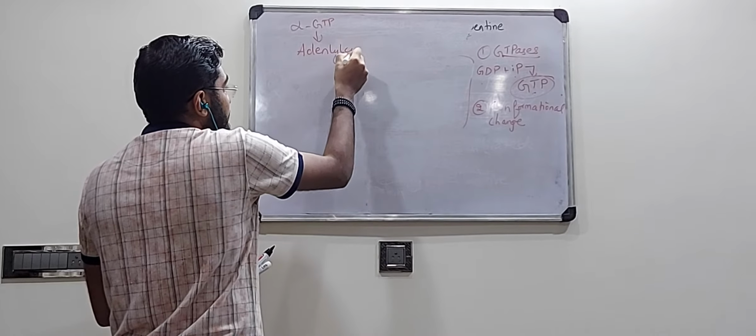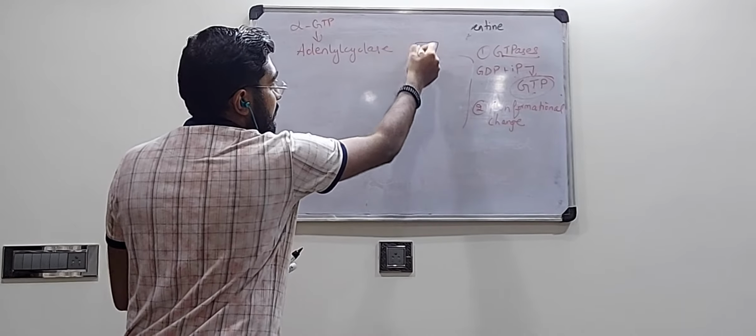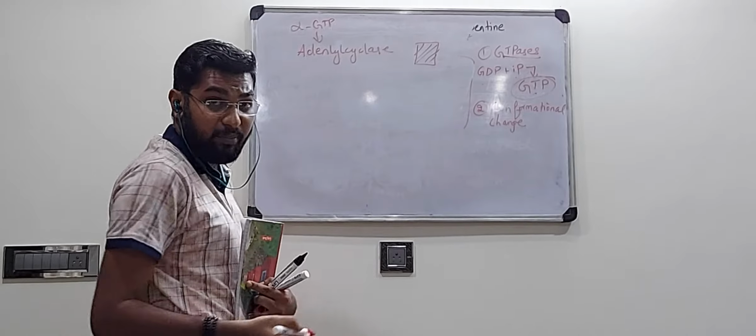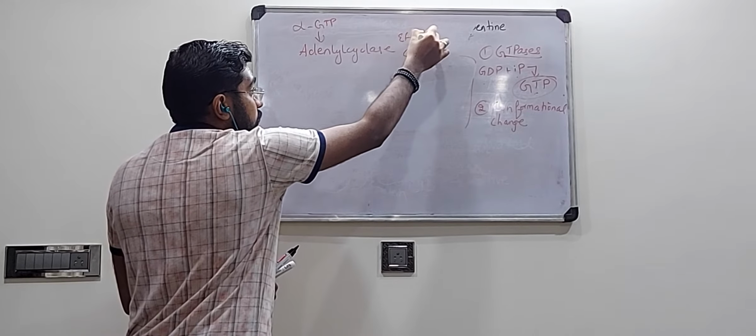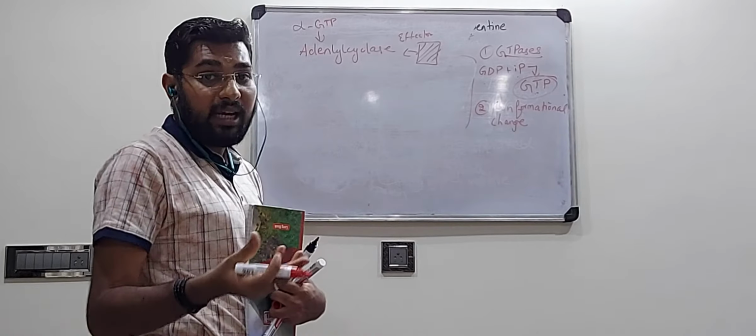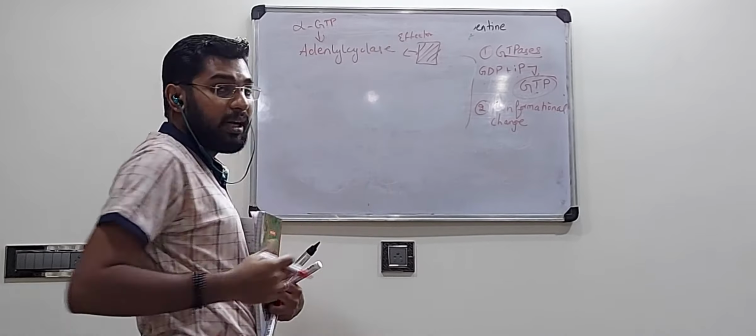Adenylyl cyclase. I was drawing some structure, the green structure over here, and I said that it is the effector molecule. This is that effector molecule. It goes and activates this effector, it has its effect on this molecule, so only this is called the effector molecule.